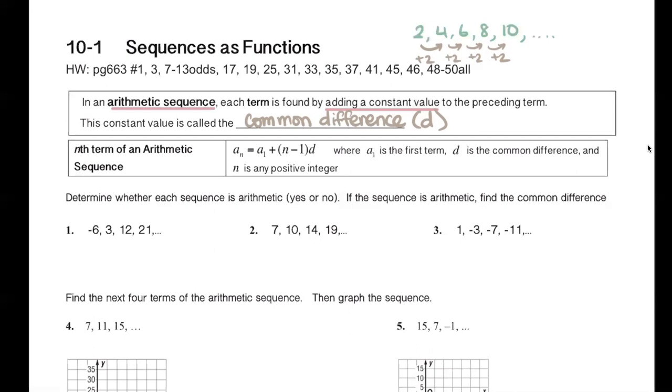All right, so your first formula here is to find the nth term of an arithmetic sequence. Let's say I'm looking at this sequence and I want to know, what's the 100th term? Instead of adding the 2 99 times to get to the 100th term, we actually have a formula that you can use to go straight to that 100th term.